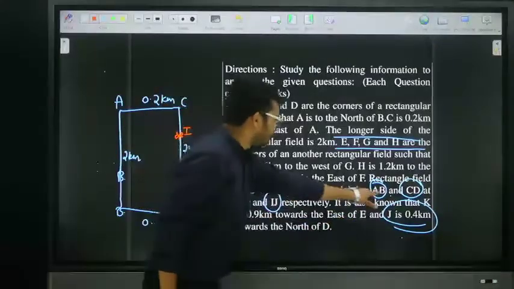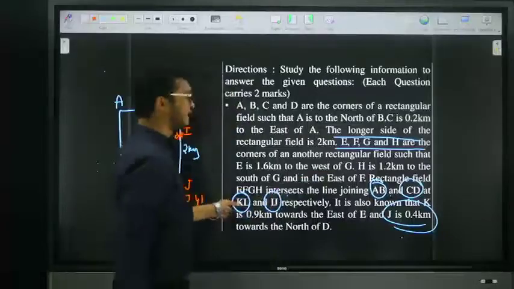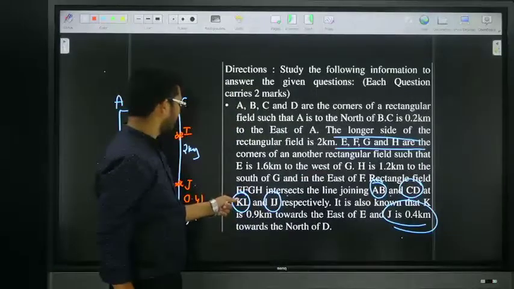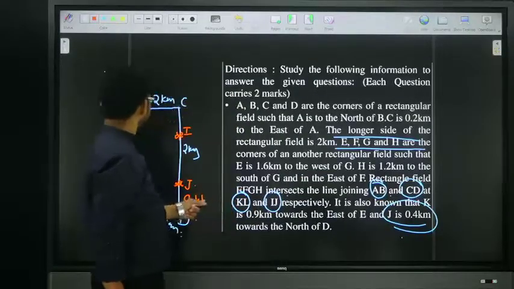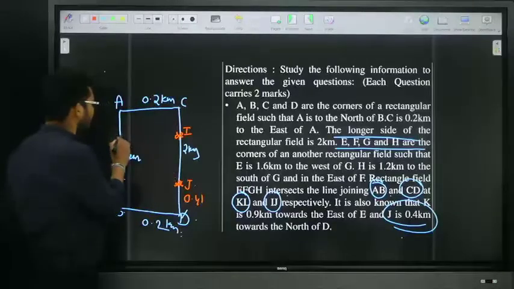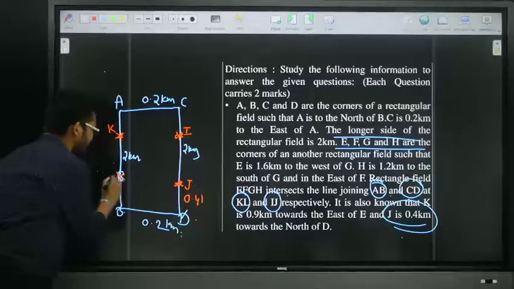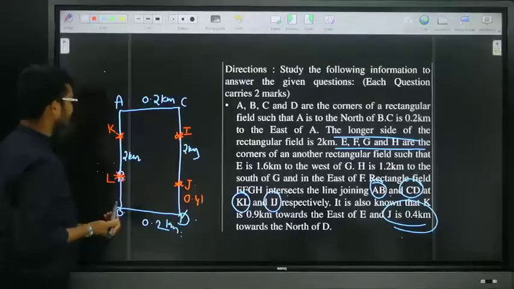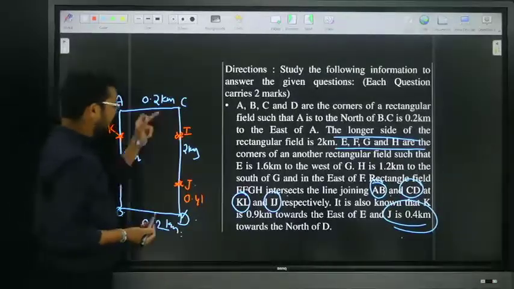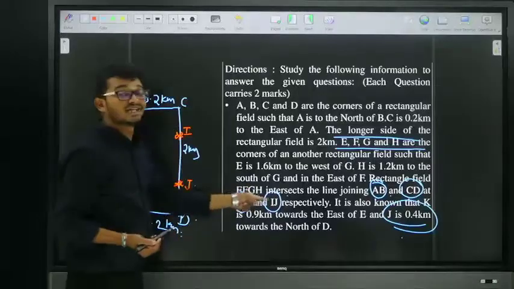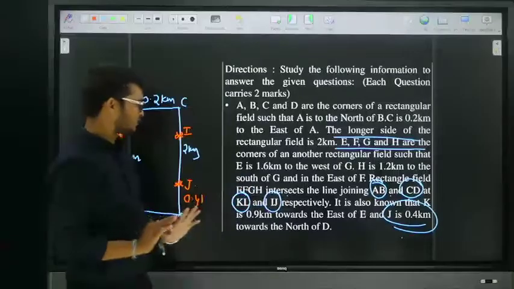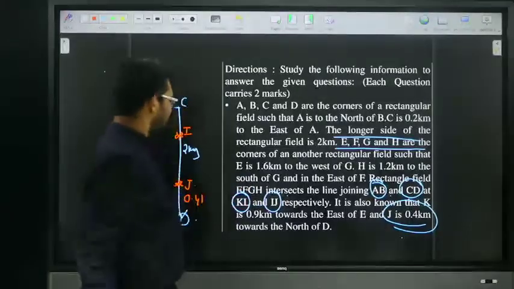That means AB is intersecting at KL. This one is K, then this one is L. Next, CD is intersecting at IJ, they mention respectively.